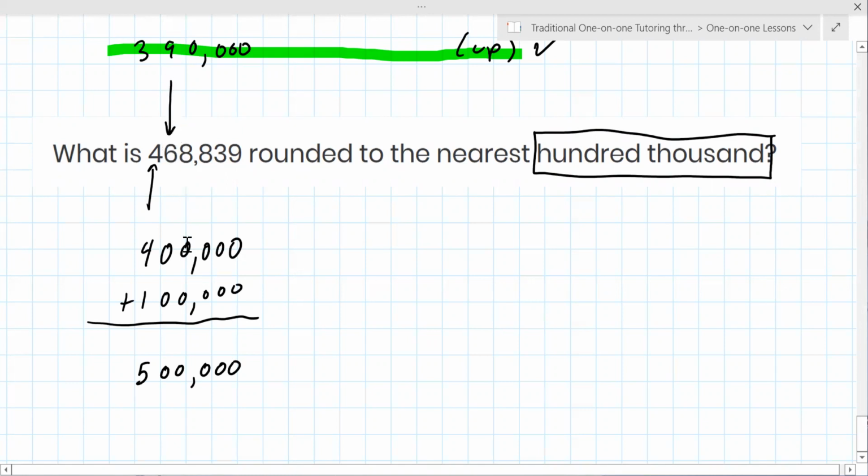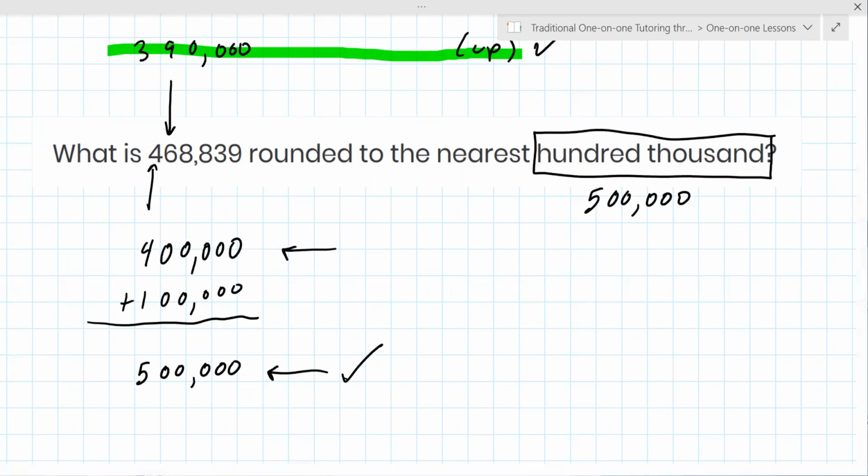Up. So which number are you going to choose, 400,000 or 500,000? 500,000. Right, that's correct. So see how that 6 went to a 0, but we increased the 4 to a 5? Yes. Okay. Great.